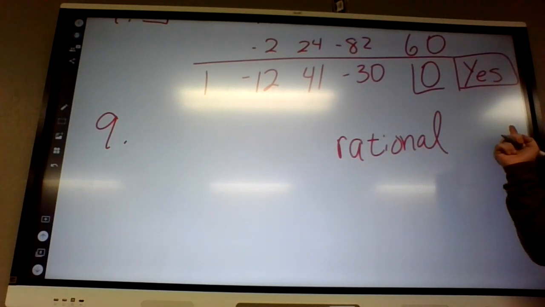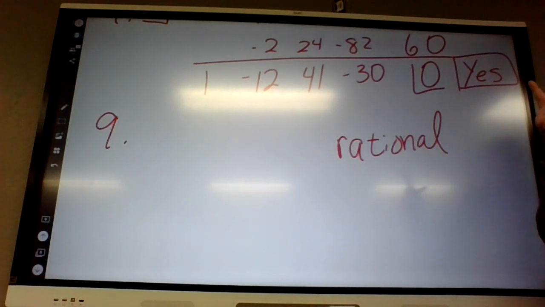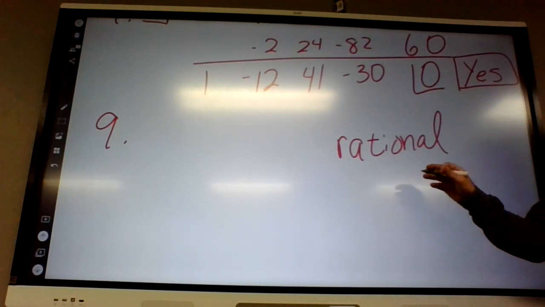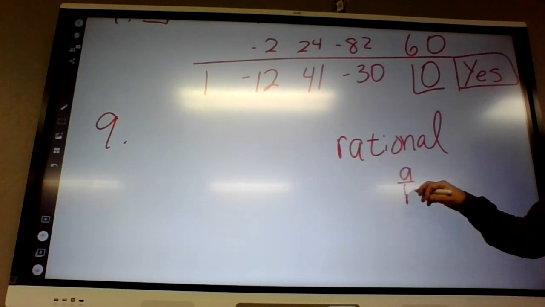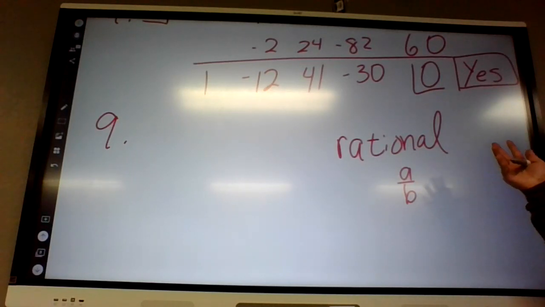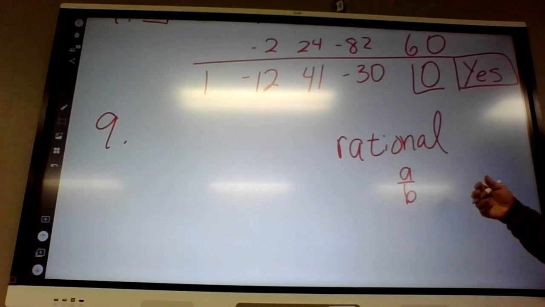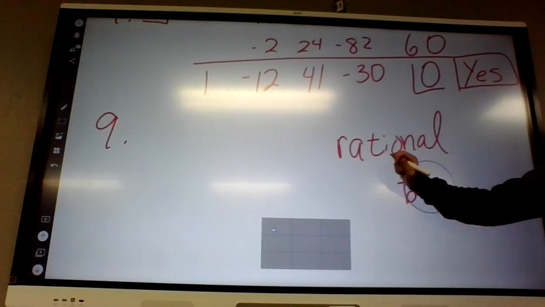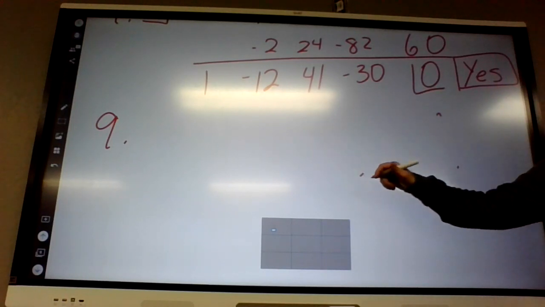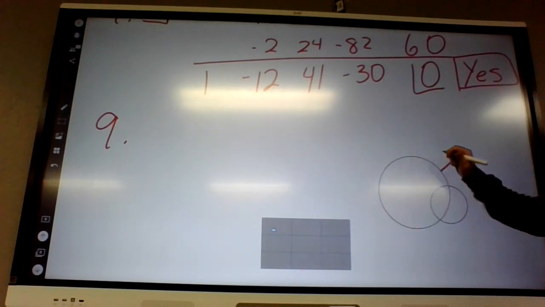What's rational mean? Basically anything that can be written as A over B, where A and B are integers. So it's pretty much fractions? Anything except for like pi or square root of 3 or something like that. Most things are rational. So if it has a normal answer, which sometimes, remember, polynomials don't.